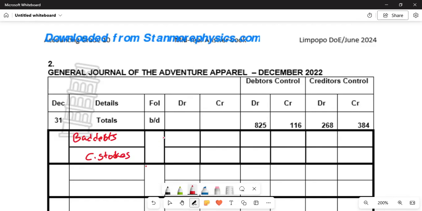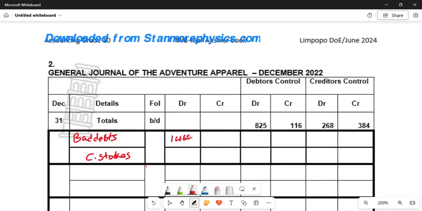So now we are going to say debit bad debts 1,440, and then we are going to credit C Stokes by 1,440, which we know very well goes under debtors control, in the credit side, 1,440.